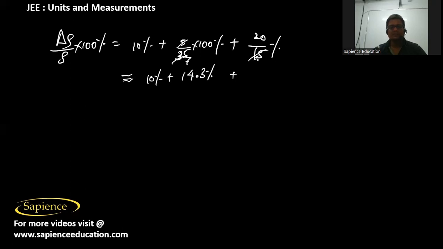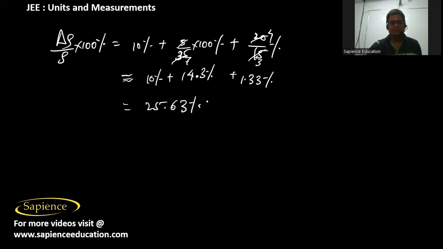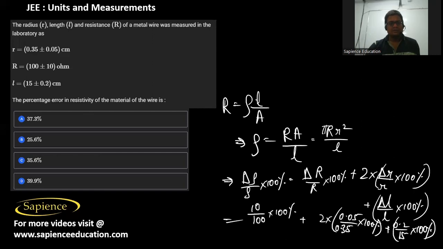Plus 5 3s are 15, 5 4s are 20, 4/3, so 1.33% approximately. So this will be 25.63% approximately. So approximately I can say it is 25.6%. So option B is the correct answer.